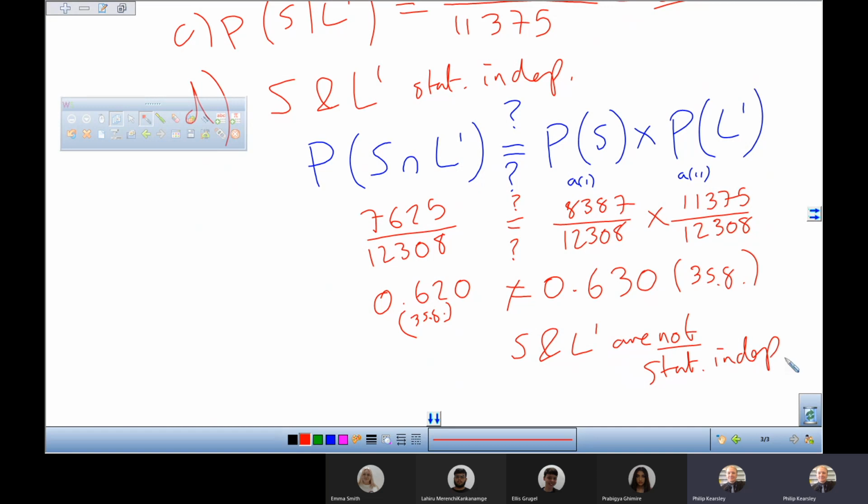I mean, it's close, and I feel a bit harsh for the proportions that we've produced, but no, they are not exactly statistically independent. Okay? That 2019 one you can do in your own time, and it doesn't quite come out as statistical independence for that one either, but same idea.